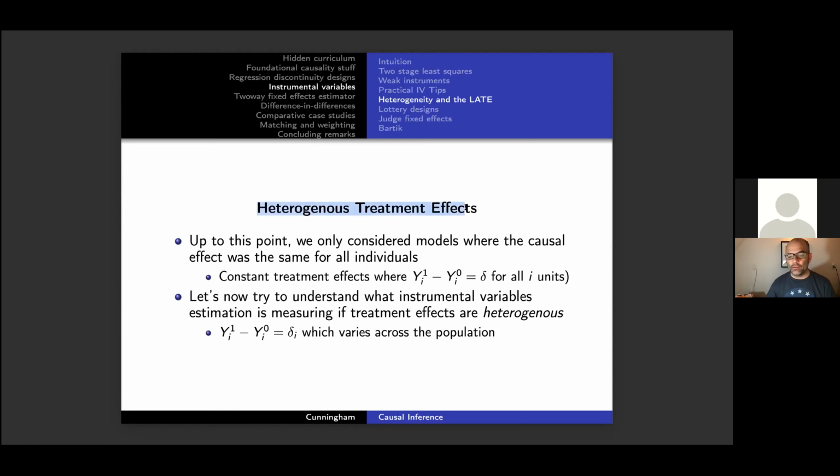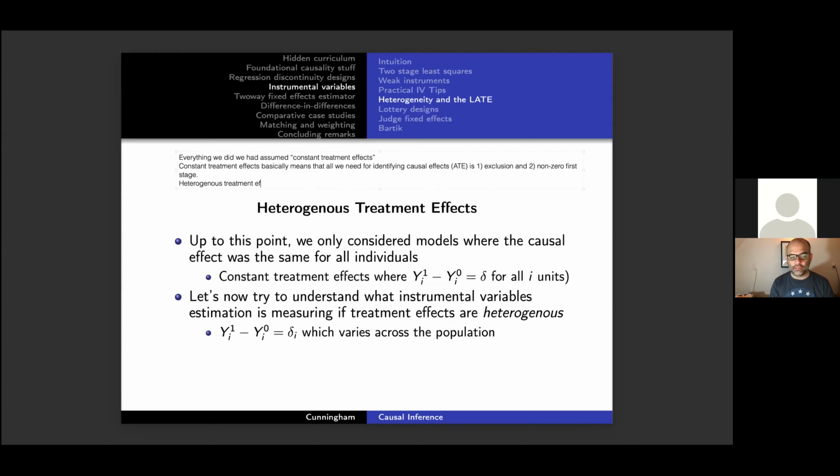Now what I want to talk about is heterogeneity, right? Okay, so everything we did, we had assumed constant treatment effects, right? Constant treatment effects basically means that all we need for identifying causal effects is exclusion and a non-zero first stage.